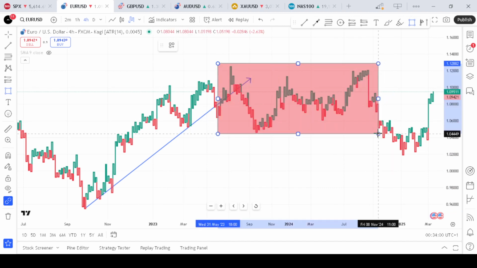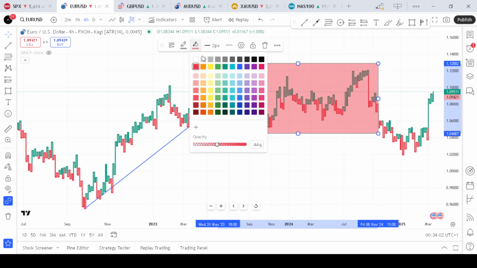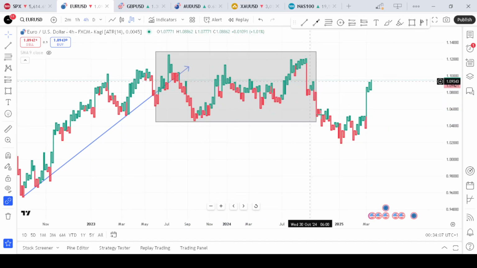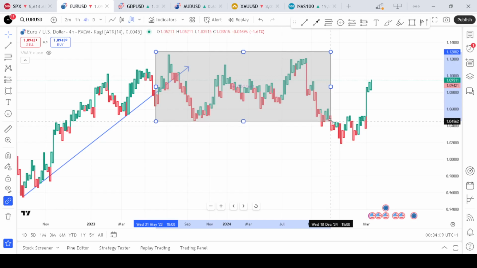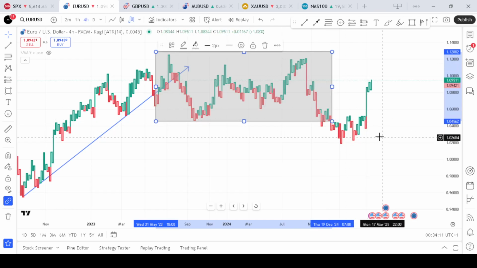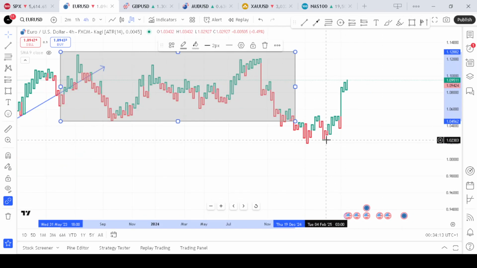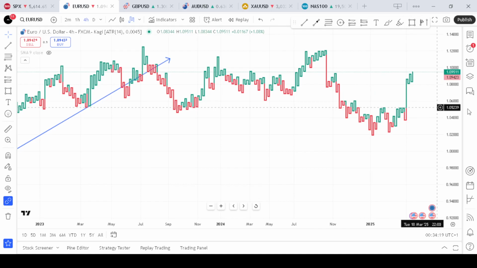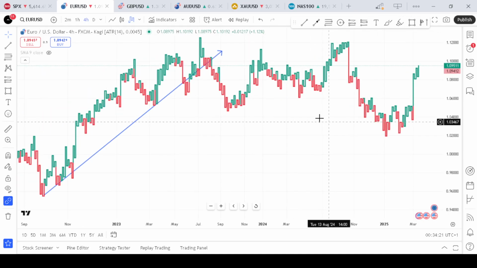You can see the market moved sideways for a while before it broke down to the downside, and it has broken back up, creating a series of higher highs and higher lows in this area. So this is basically how to analyze your charts, looking at the broad market direction.